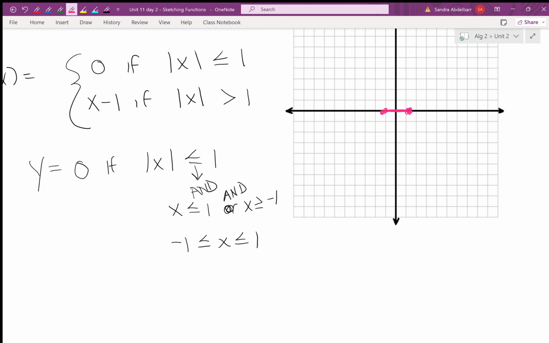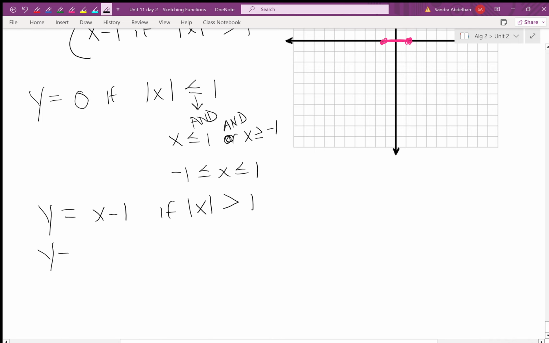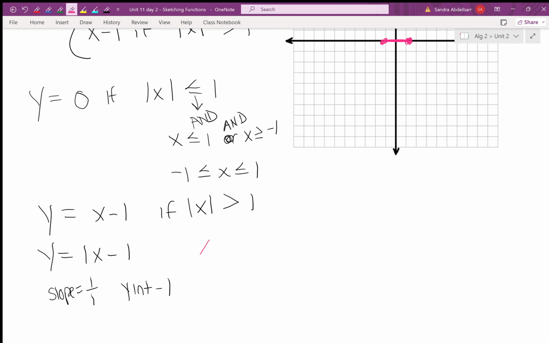Are we okay so far? All right, the next one, y is equal to x minus 1 if the absolute value of x is greater than 1. Well, this is a line, y equals 1x minus 1. Our slope is 1 over 1. Our y-intercept is -1. And our domain is going to be x is greater than 1 or x is less than -1.